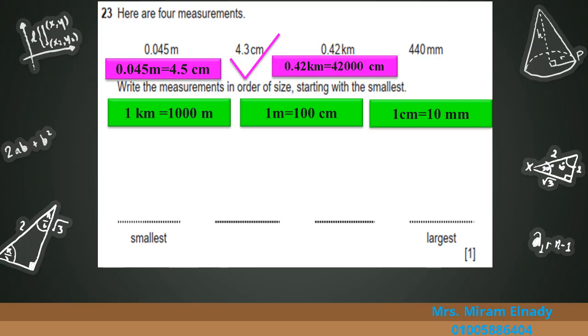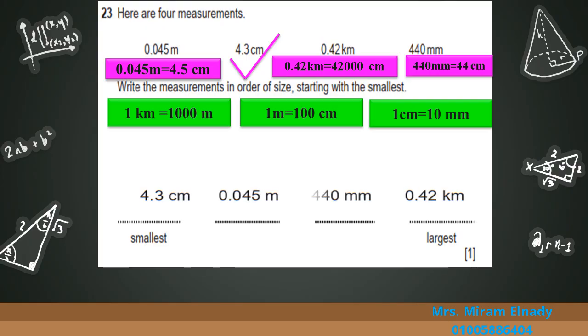What about for 140 millimeter? The difference between millimeter and centimeter is 10, so we are going to divide by 10, which will be 14 centimeter. Now we can arrange easier from the smallest to greatest. It will be 4.3 centimeter, 0.045 meter, 140 millimeter, and the largest one 0.42 kilometer.